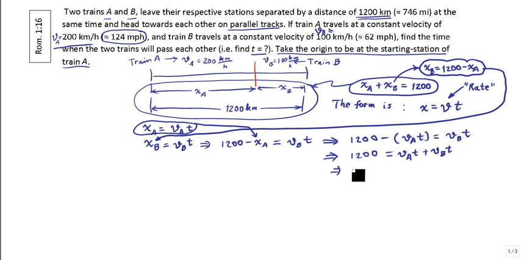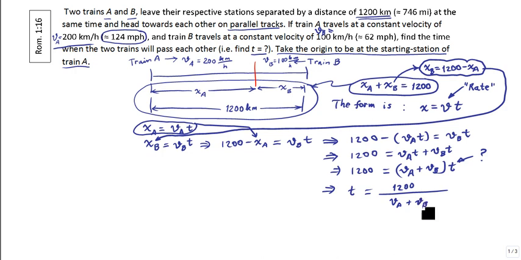That means that 1200 is equal to, if I factor out a t, the sum of those speeds times the common t there, and this was the unknown, so let's go ahead and solve for that. So that means that t is equal to 1200 divided by v sub A plus v sub B. Okay, now let's go ahead and put in the known values of v sub A and v sub B.